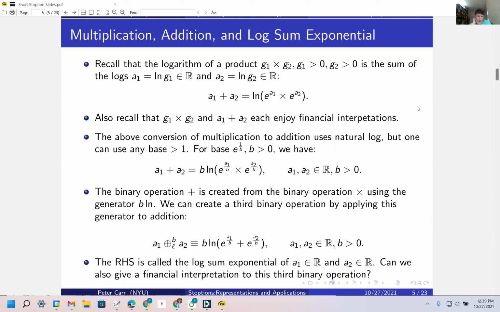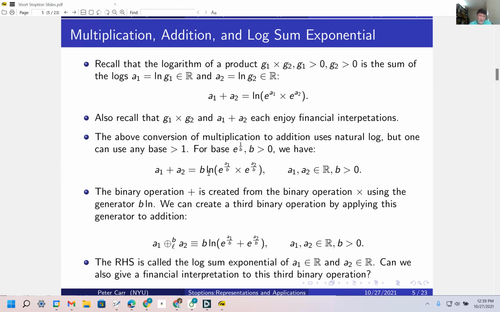the log for any base. So let's say I use the base e to the 1 over b. Then if you try and remember your high school introduction to logs, you'll soon appreciate that you can convert from multiplication to addition using, let's say, any base, or equivalently b times the natural log.